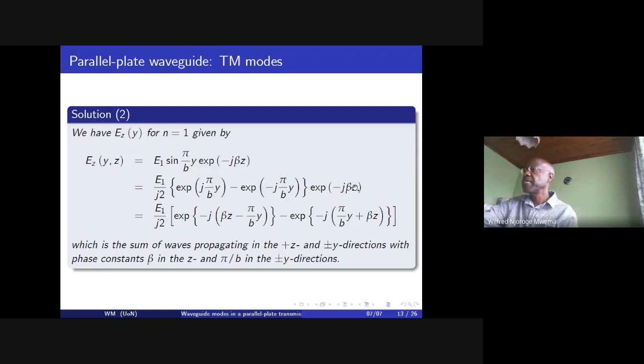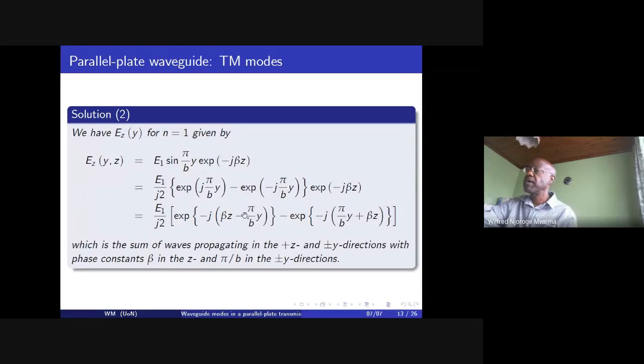When we take this into the brackets, we'll get two components of plane waves. One plane wave is propagating in the positive z direction, but traveling in the negative y direction, because when we multiply this through, we get minus j beta z plus j pi y by b.